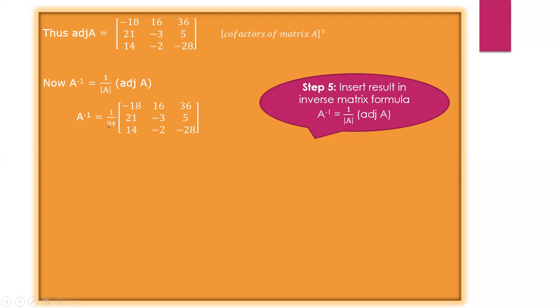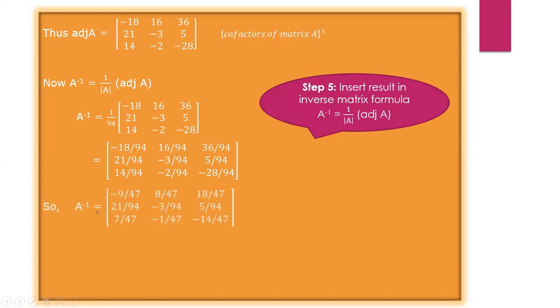Okay, so 94 will be divided by each element of this matrix we have shown over there, and then after simplification we will get A inverse equal to this matrix. So this is our answer.